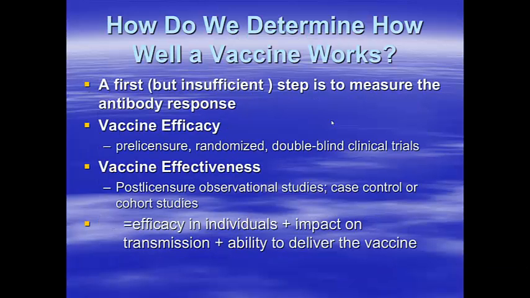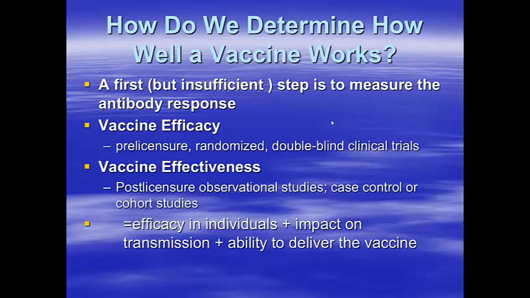So studies to determine the efficacy of a vaccine, or how well it works, generally have several steps. The first step is to see if the vaccine produces a measurable antibody response in the host.